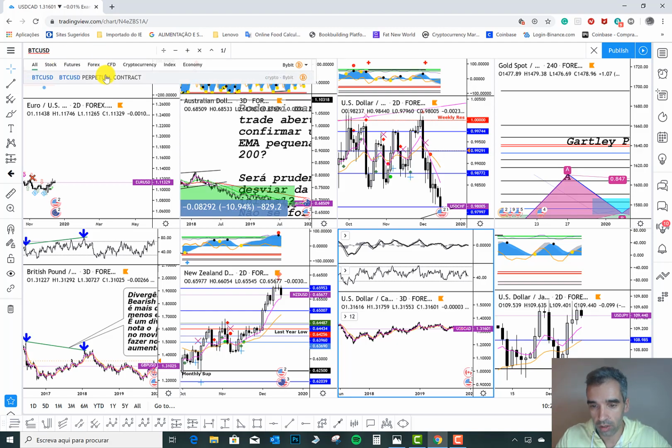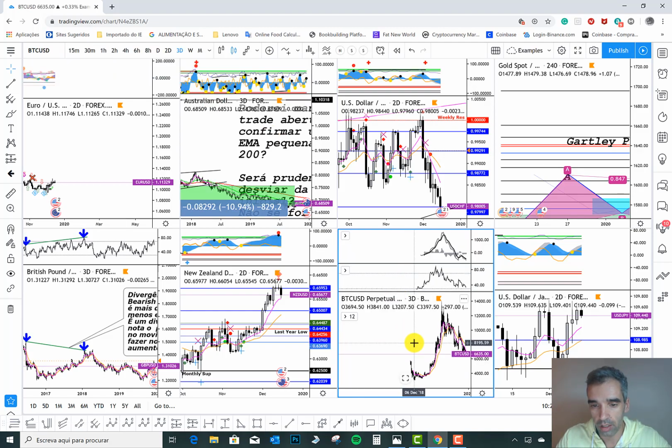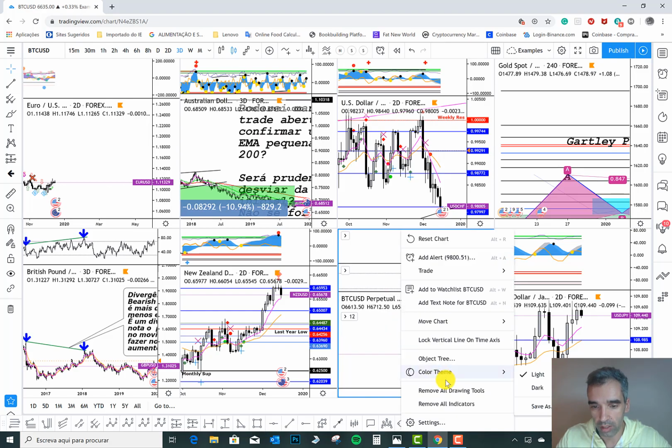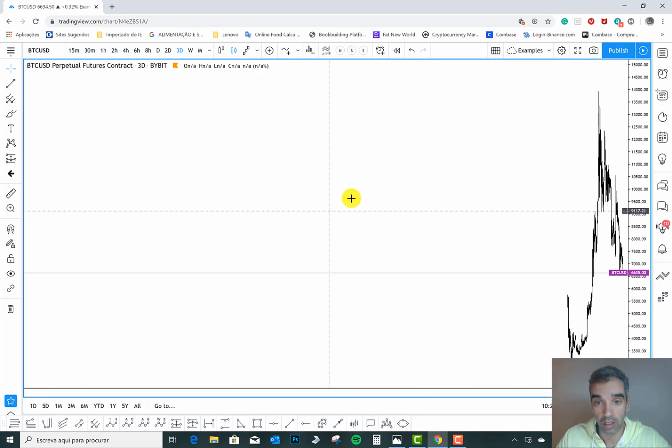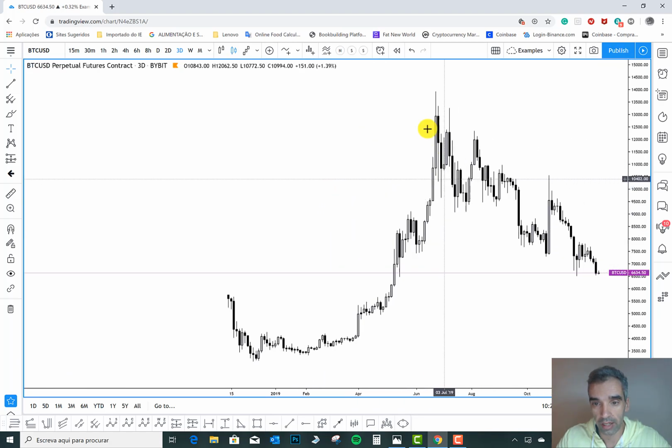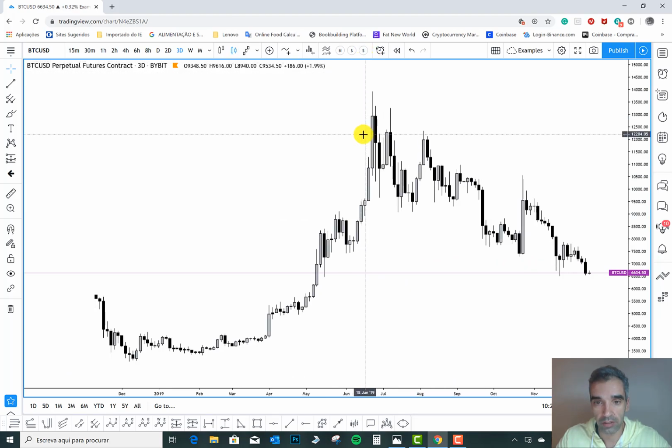I open a chart on Bybit, remove all indicators, make it bigger, and then add my customized version of it.